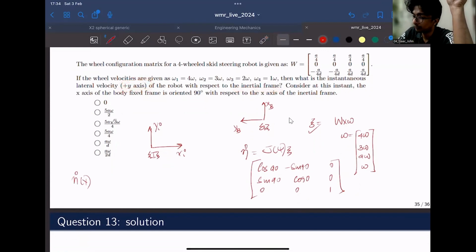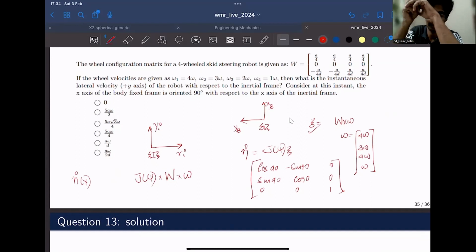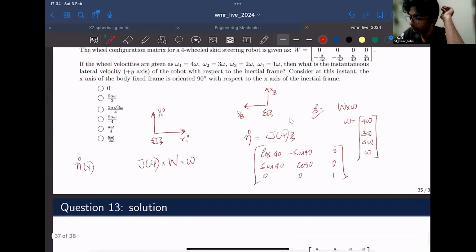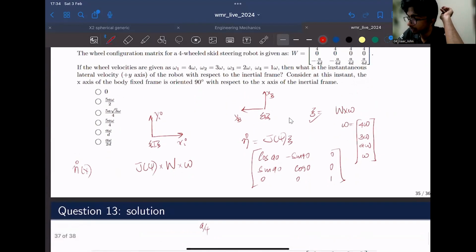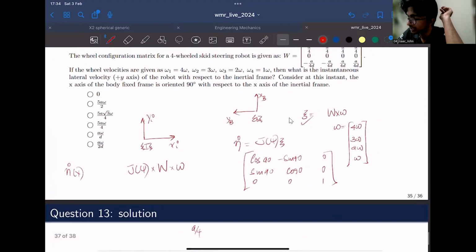So what you have to do is find out the value of J of psi multiplied by W multiplied by omega. You will get a 3 by 1 vector and find out the y component, the second component, right? If you want, I can show that quickly, or would you like to solve this as homework?